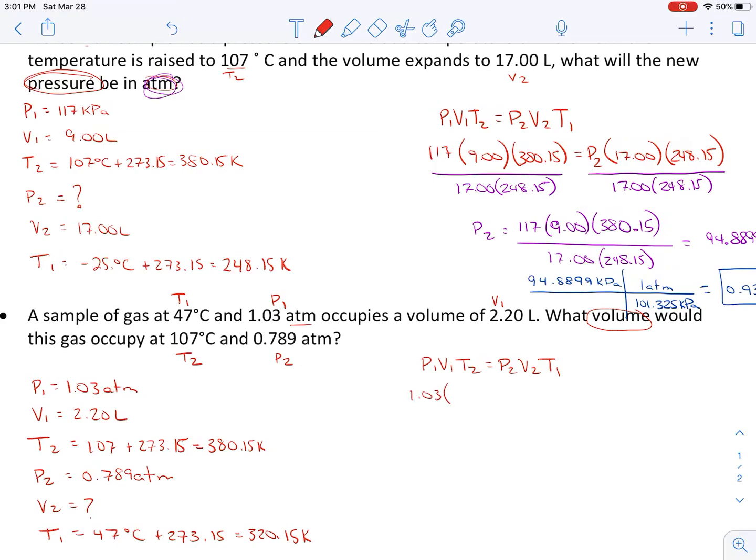1.03 times 2.20 times 380.15 equals 0.789 times volume 2, which is what we're looking for, times our temperature, which is 320.15. Whew.